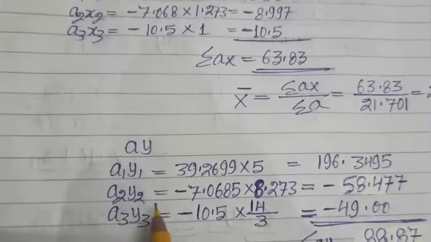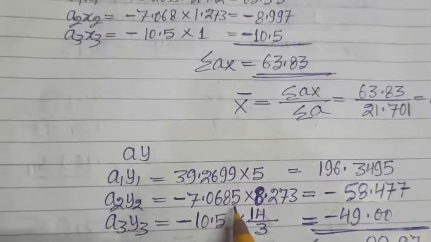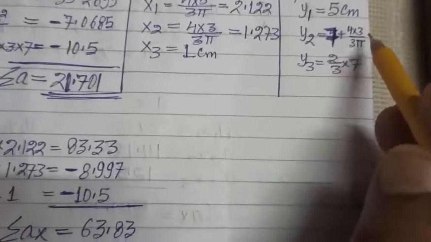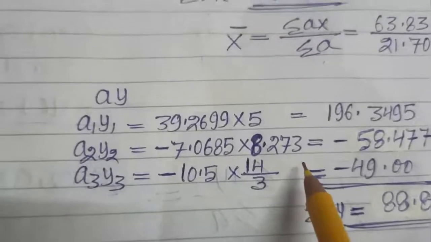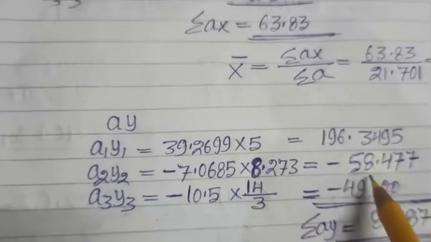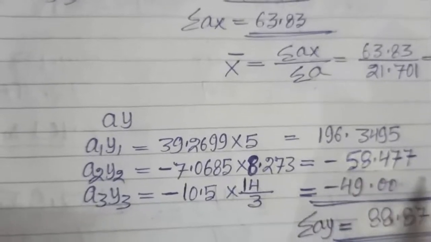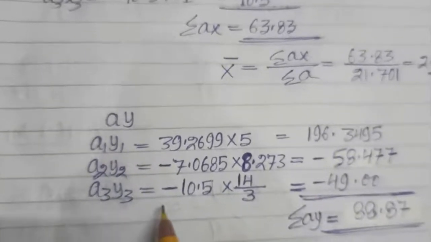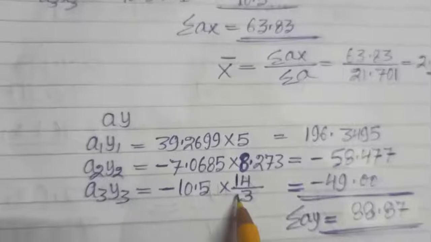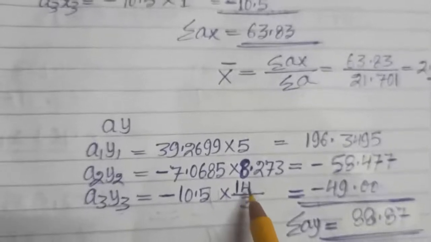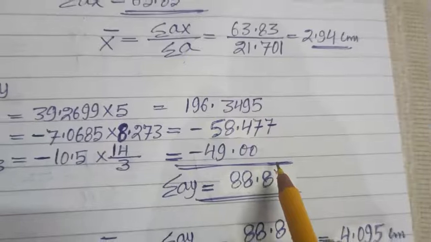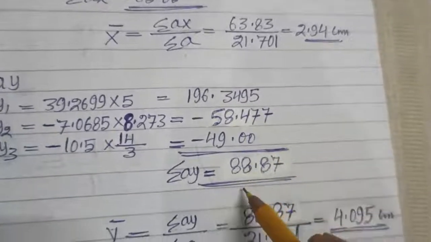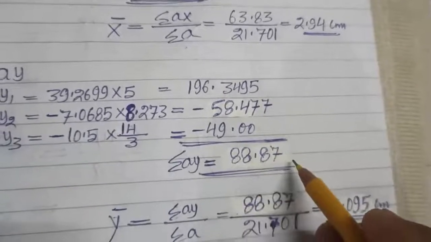Now A2 is minus 7.0685 and Y2 is 7 plus 4r by 3 pi, so this will be 8.273. So this will give you minus 58.477, and A3Y3 is minus 10.5 into 2 by 3 of 7, so 14 by 3, so it will give you minus 49. So the summation AY is 88.87.